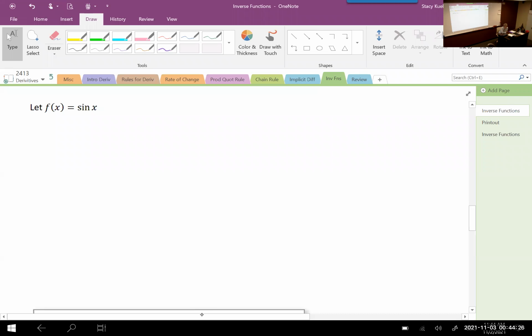So we're going to let f be equal to sine x, and I'm going to let f inverse be equal to the inverse sine of x.